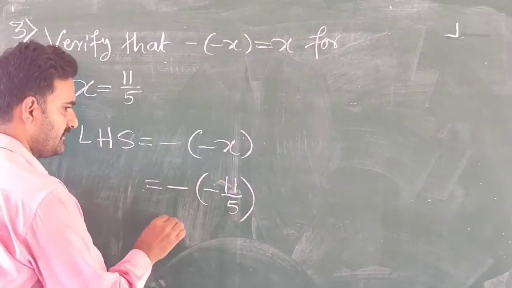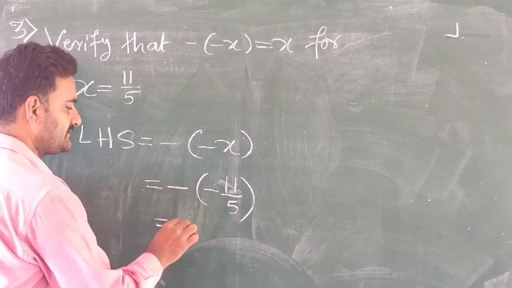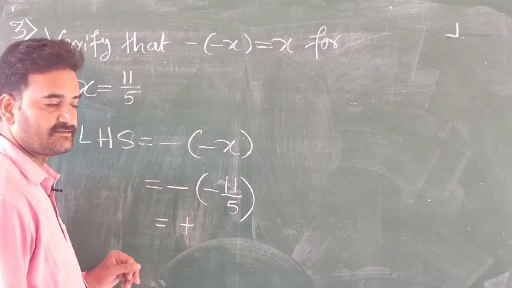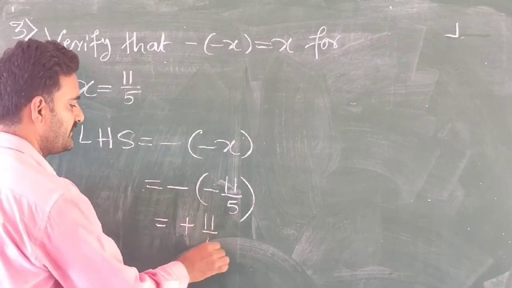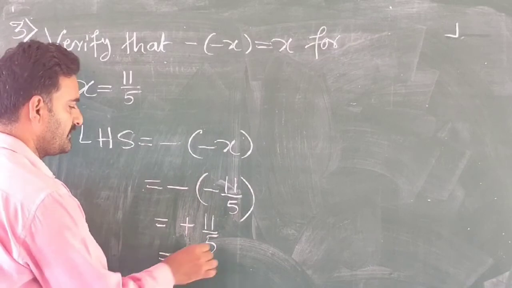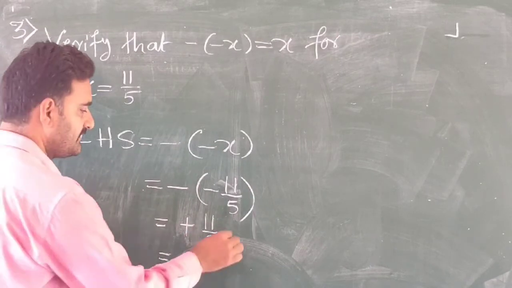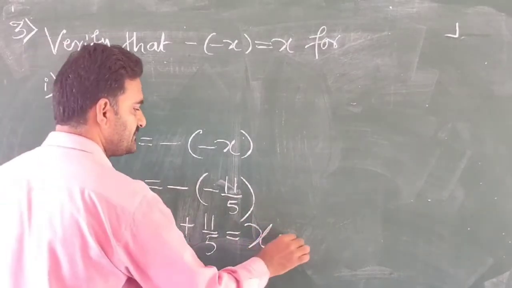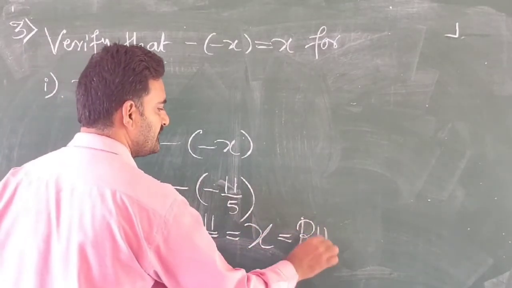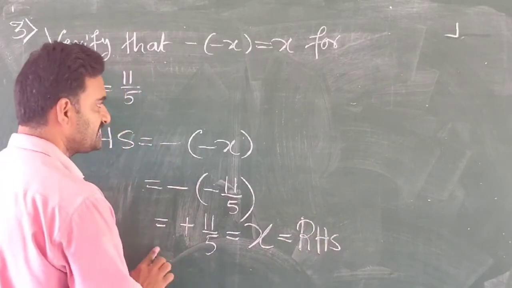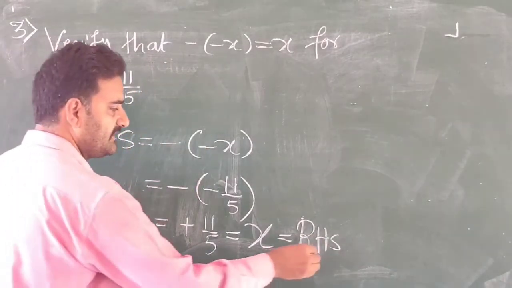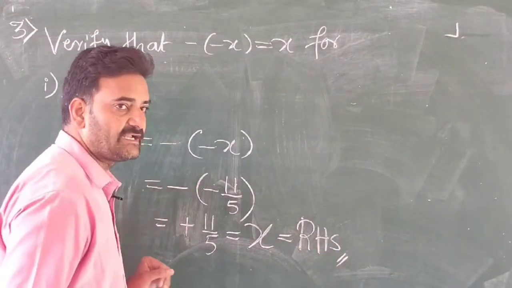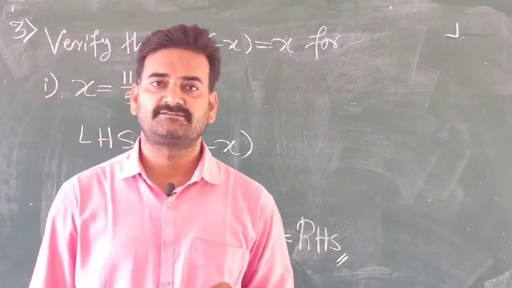Okay. Now minus into minus, plus 11 by 5. Now what is 11 by 5? 11 by 5 is x. This is our RHS. So LHS becomes RHS. So you need to prove that LHS becomes RHS.